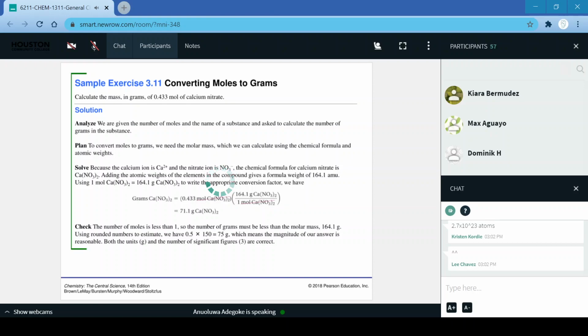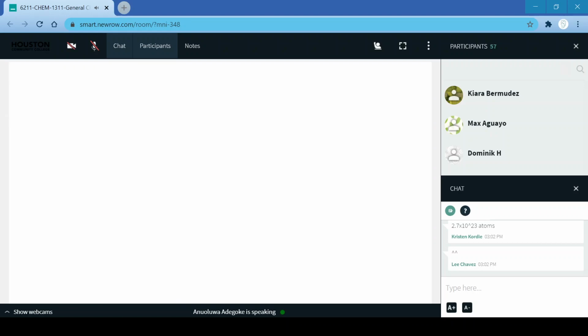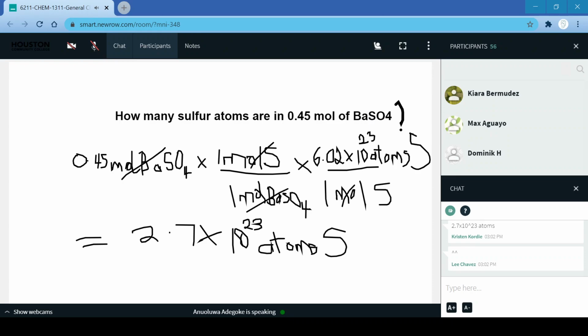What is the mass in grams of 6.33 mole of sodium hydrogen carbonate? So I'm just going to go to the whiteboard and show this. The question is, what is the mass in grams of 6.33 mole of NaHCO3?